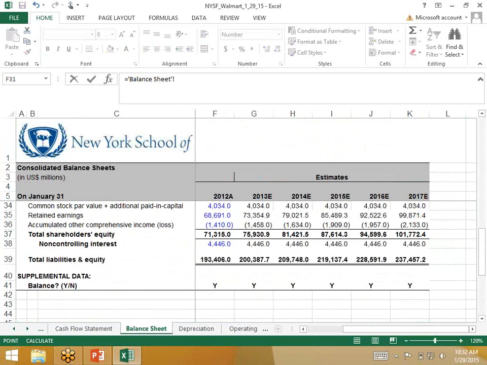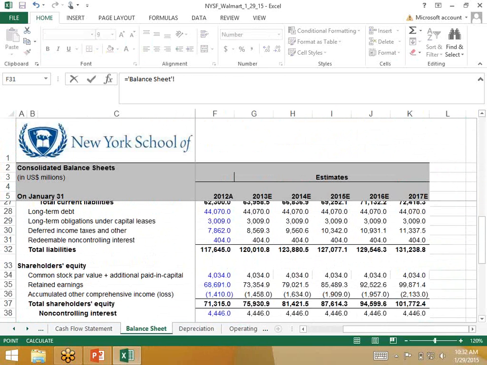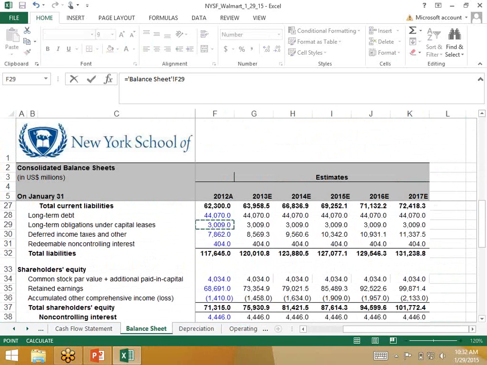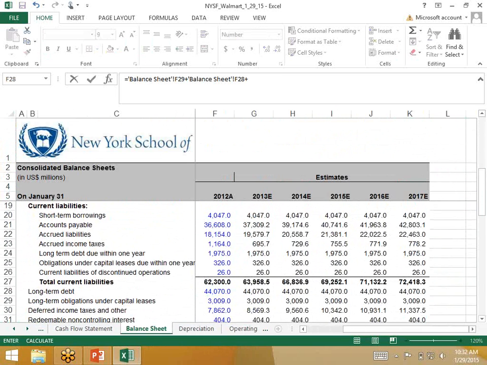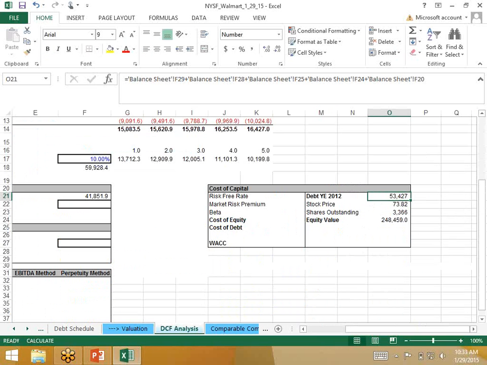And the total debt is going to be the long-term debt under capital leases plus the long-term debt plus the short-term portion of capital leases plus the long-term debt due within 1 year plus the short-term debt. It's the 5 pieces of debt. 5, 3, 4, 2, 7.